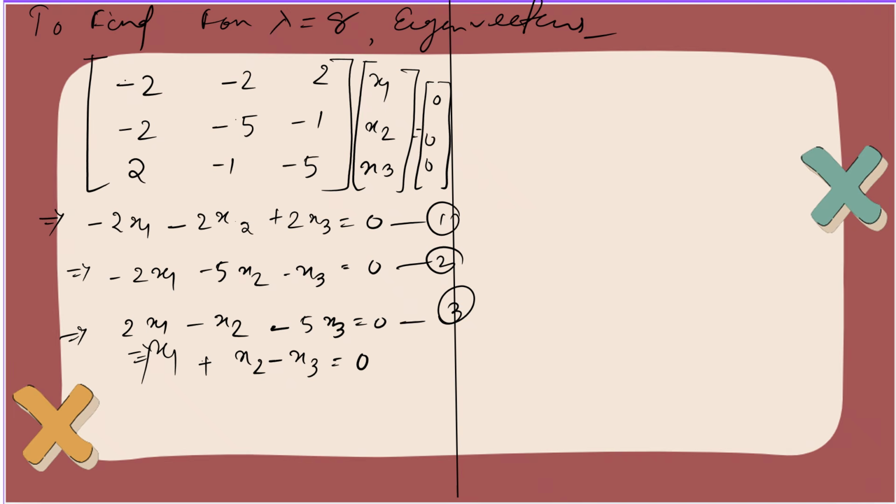And the second equation is minus 2x1 minus 5x2 minus x3 is equal to 0.